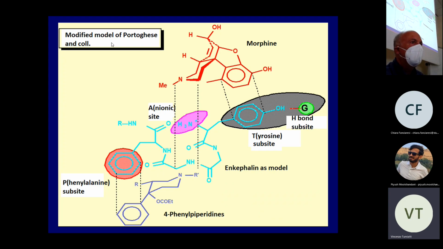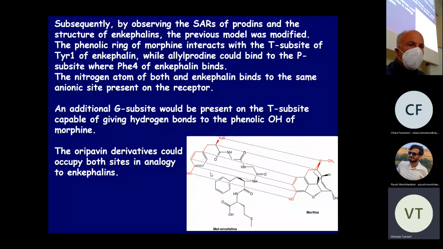This is the most recent model of the opioid receptor, based on the chemical structure of enkephalins. You see once again morphine on your right, interaction with the tyrosine of metenkephalin.